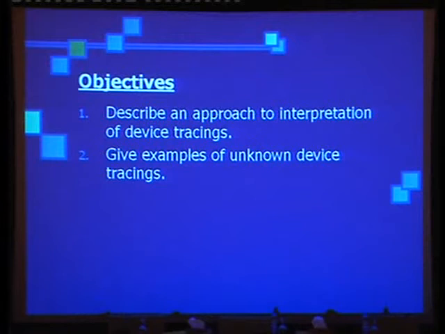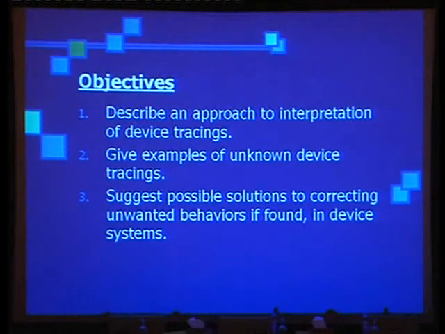So usually they call us. The nurse over there should know at least the basics of pacemaker troubleshooting. And to suggest possible solutions to correct unwanted behaviors if found in a device system.